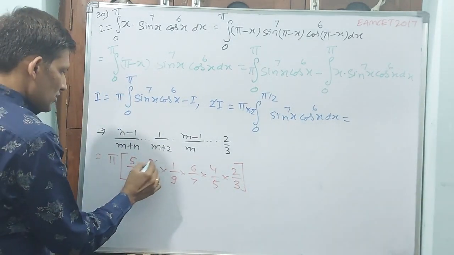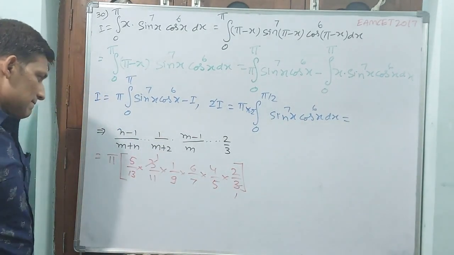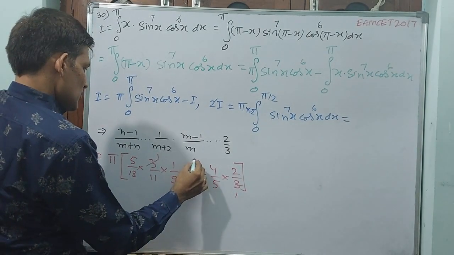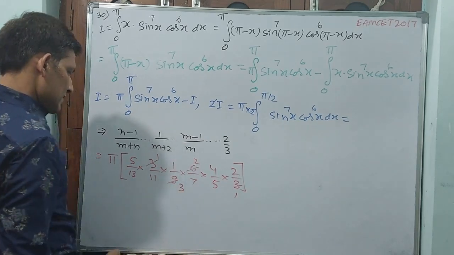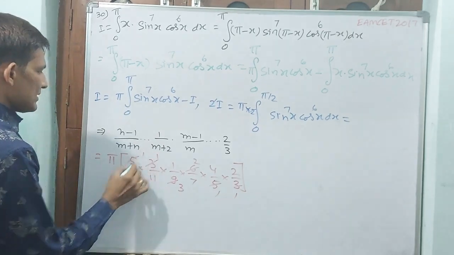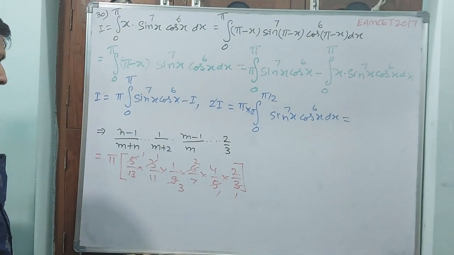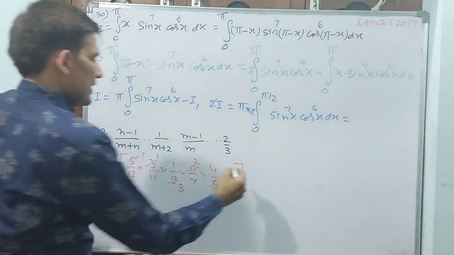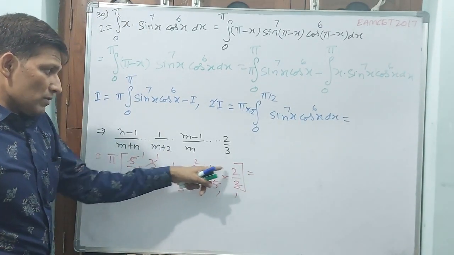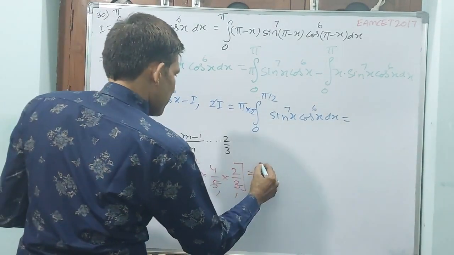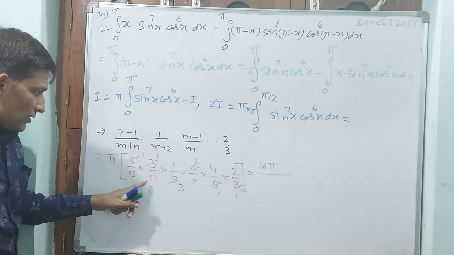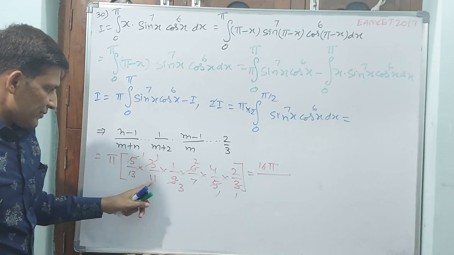Okay, you see, 3 ones, 3 twos, 3 threes, 5 ones. Anything else? No. Okay, write down then. You see, 1 1 1, 2 4 2, 16, 16 pi by, see, 13 into 33.